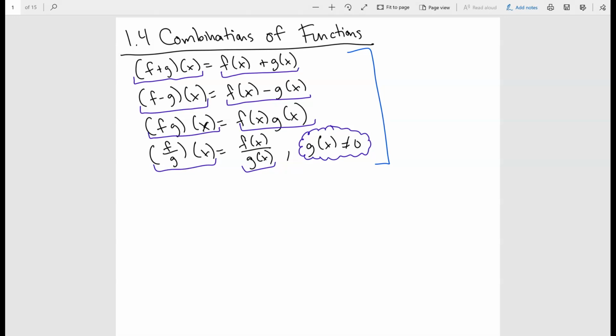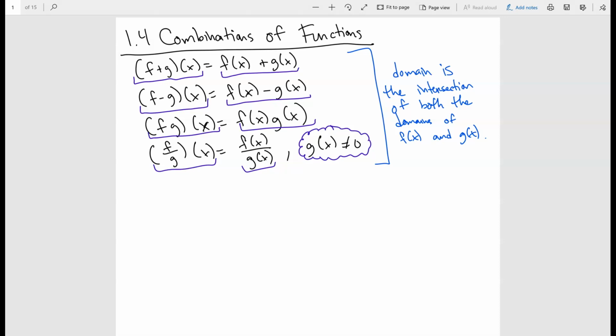So the domain here, and it kind of makes sense, is the intersection of both the domains of f of x and g of x. Okay, so the domain of this entire combination of functions is just the intersection of the domains of f of x and g of x.